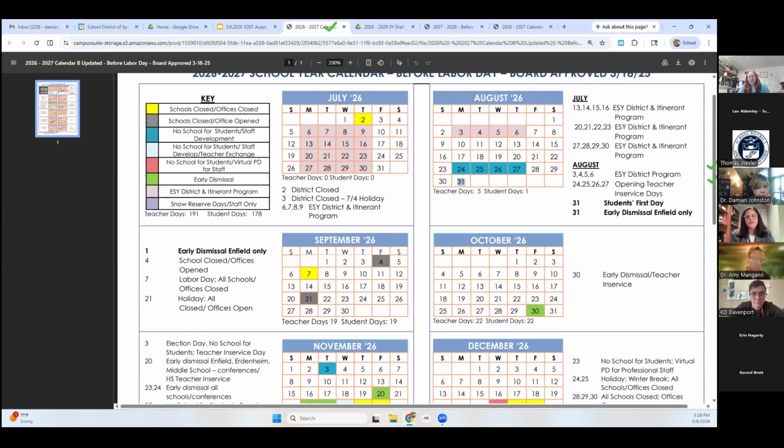We can definitely do that. I have put the calendar in every monthly newsletter, and I've gotten more direct about it in the recent calendars just to say, hey, everybody, we're starting before Labor Day. Yes, so when you post it up on your wall, it pops. I hear you. I think we can make those adjustments to the calendar. Absolutely.